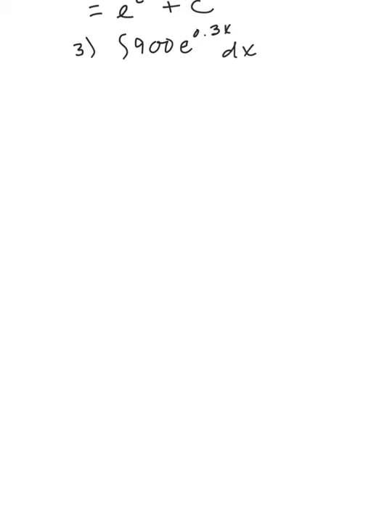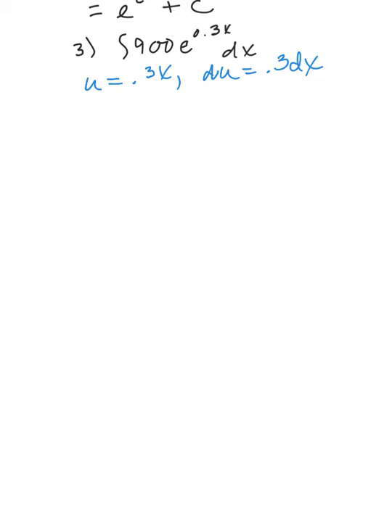On example 3, we have the integral of 900 times e to the 0.3x power dx. First, we're going to let u equal our power, which is 0.3x. This means then du is 0.3 dx.